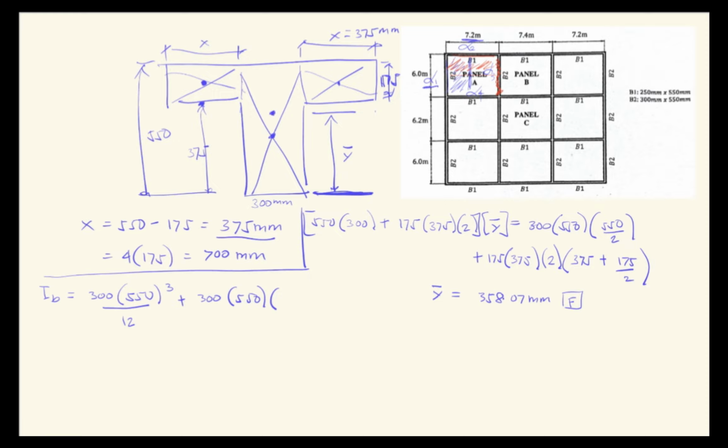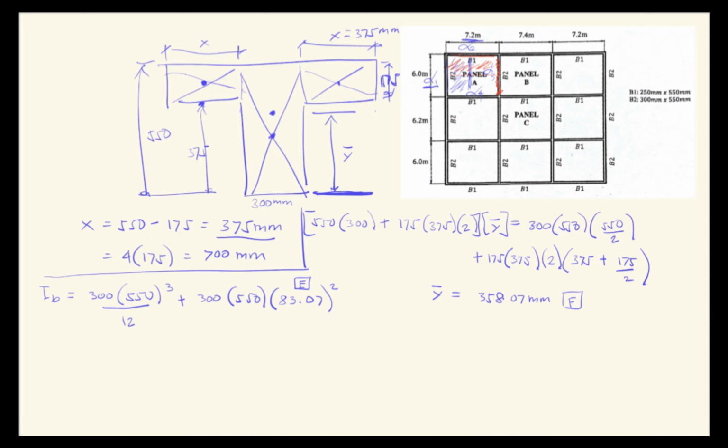So what is the distance of this? That would be 358.07 minus half of 550, which is 275. So that would be 83.07. We square this and we'll store this to memory E.